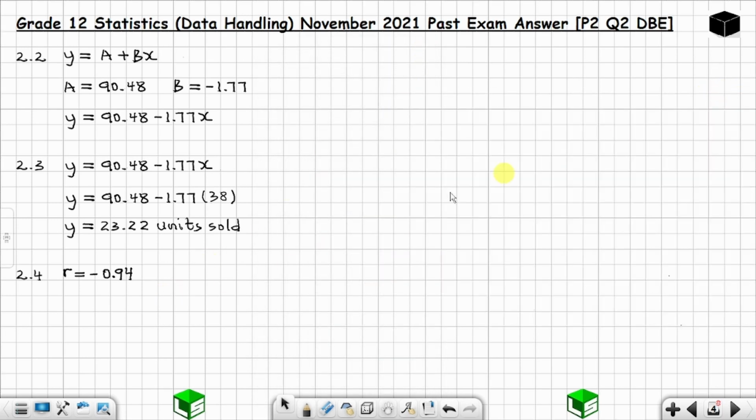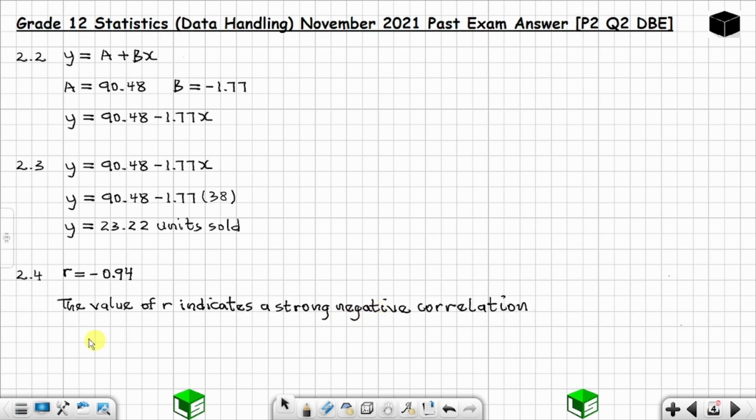We have the value of R. Now the value of R indicates that there is a strong negative correlation between the price and the number of 5-liter containers sold.